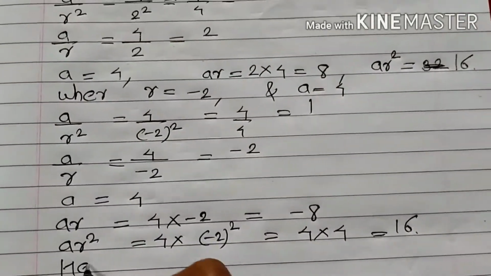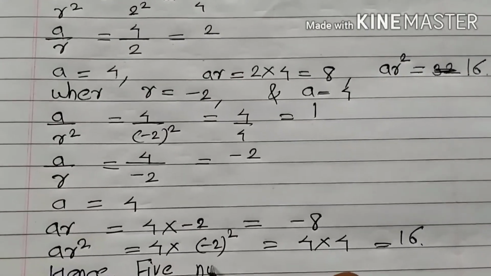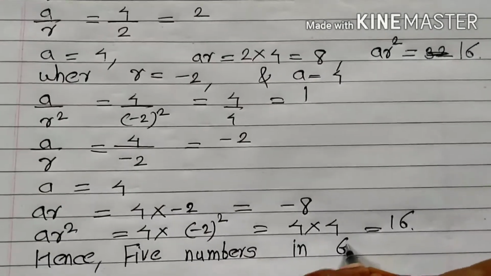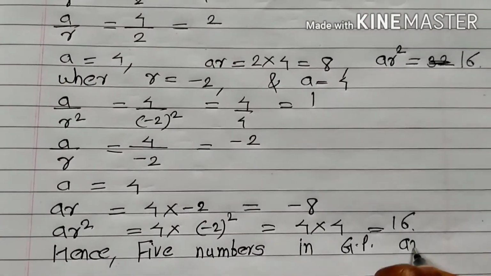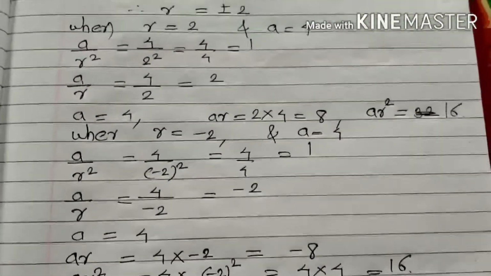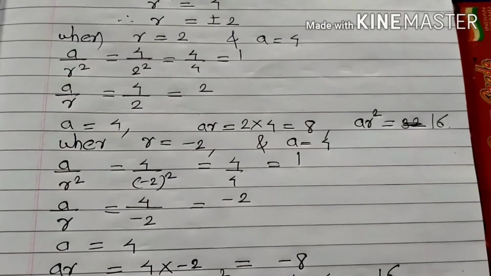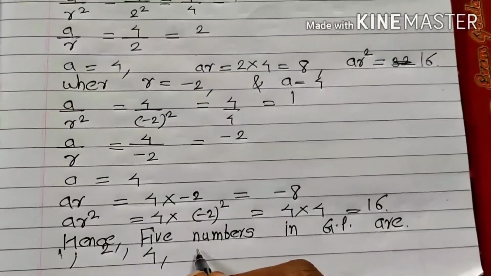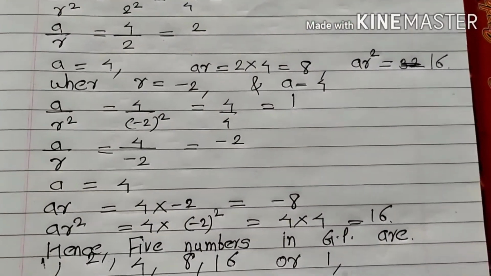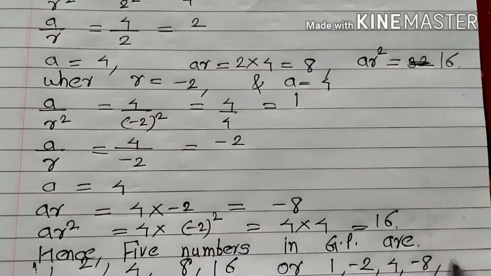Hence, the 5 numbers in GP are, what are those numbers? 1, 2, 4, 8, 16, or 1, minus 2, 4, minus 8, 16.